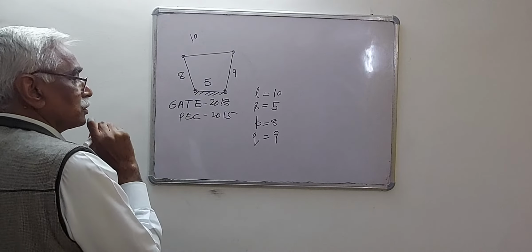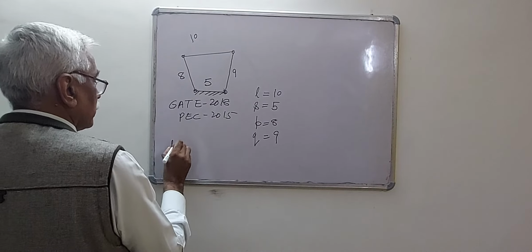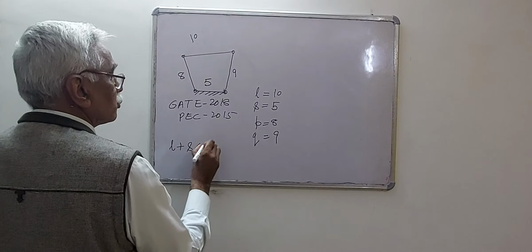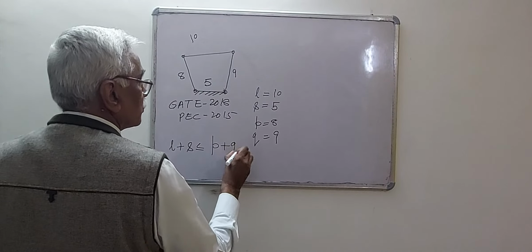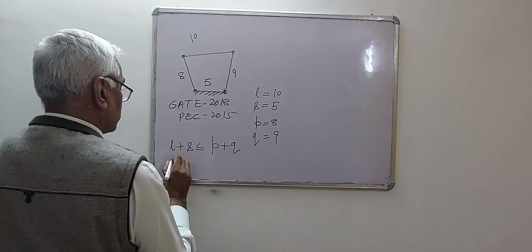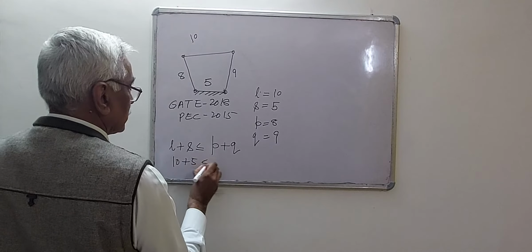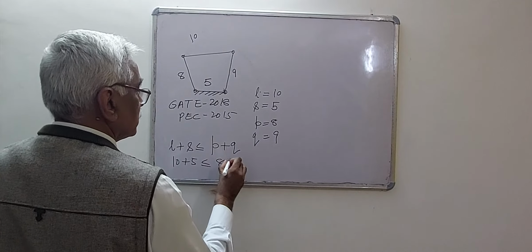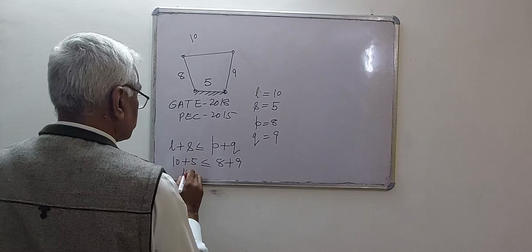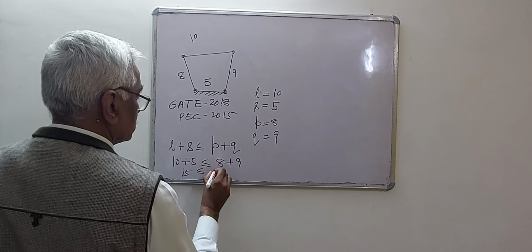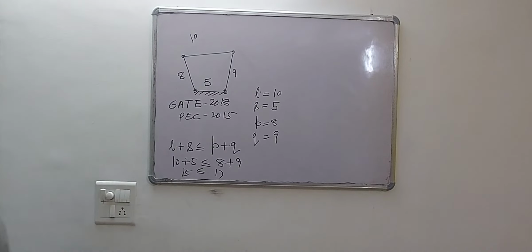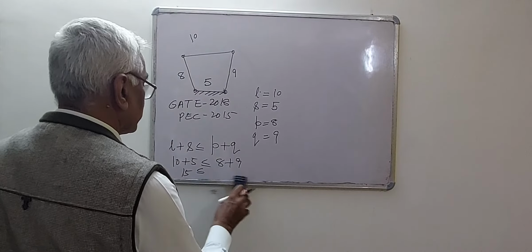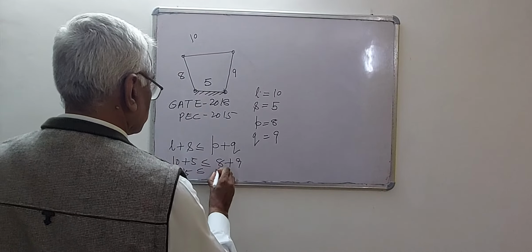The condition of Grashof criteria is L plus S is less than or equal to P plus Q. L plus S, 10 plus 5, is 15, which is less than P plus Q, which is 17. So the Grashof criteria is satisfied, and it is a Grashof link.